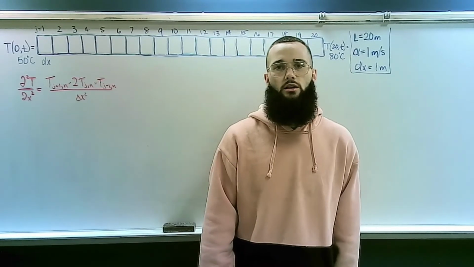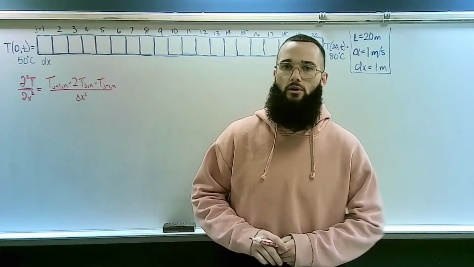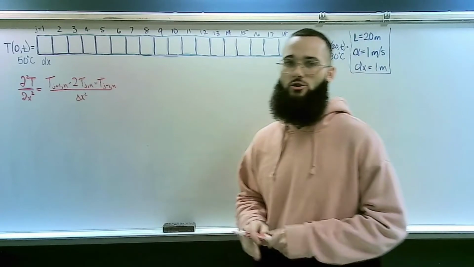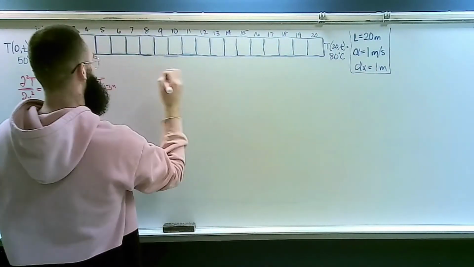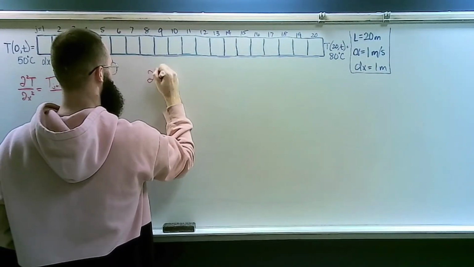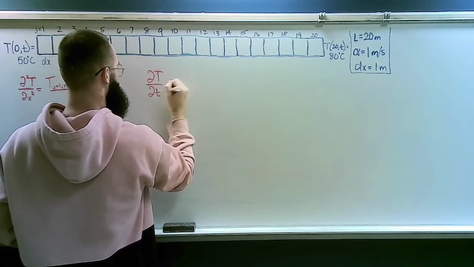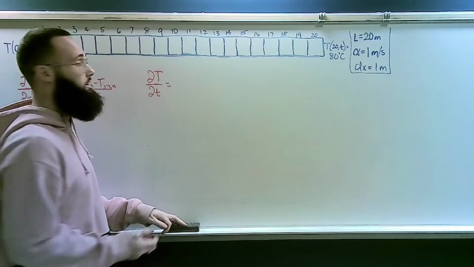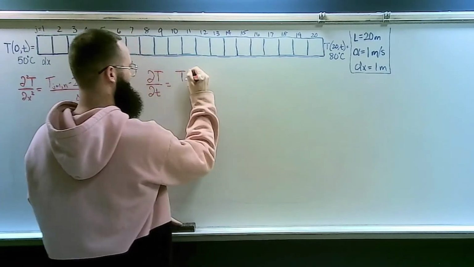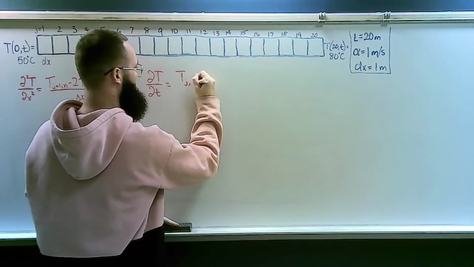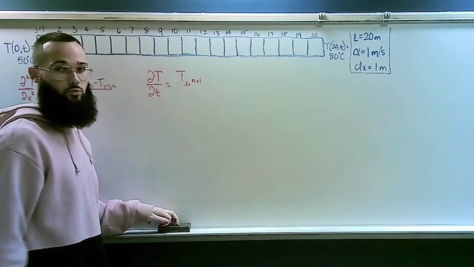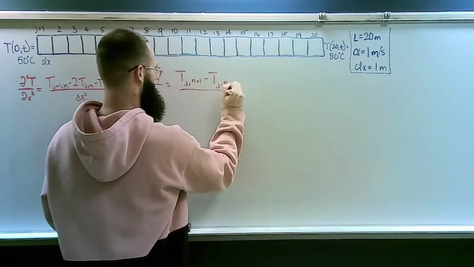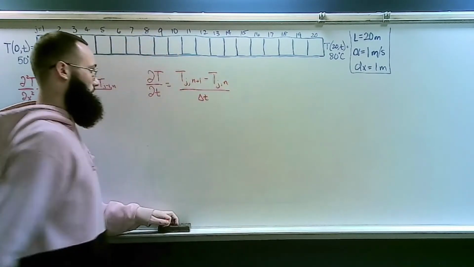Now that we know the second derivative of temperature as it relates to position, the only other unknown in our heat diffusion equation is the derivative of temperature as it relates to time. So we're going to make another approximation, similarly to how we did for the position. We'll say the partial derivative of temperature as it relates to time, using the same indexing system of T sub j, n, is the temperature at position j at time n plus 1 minus the temperature at position j at time n, over delta t.